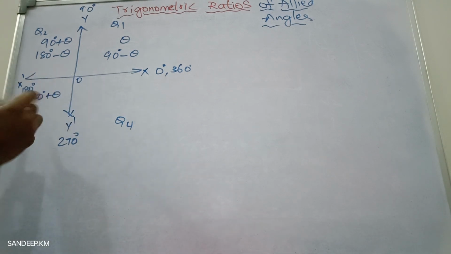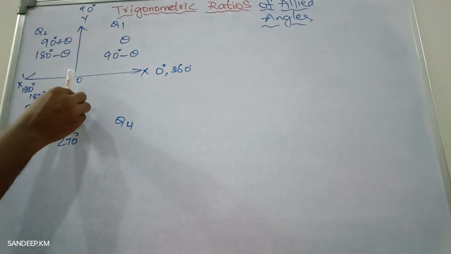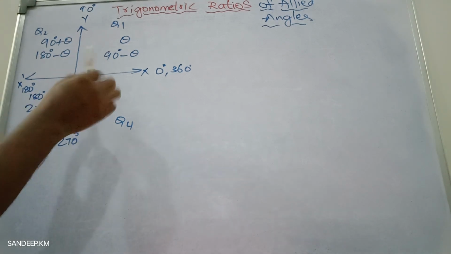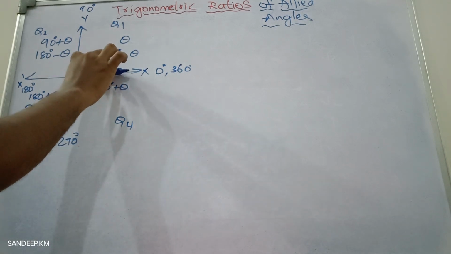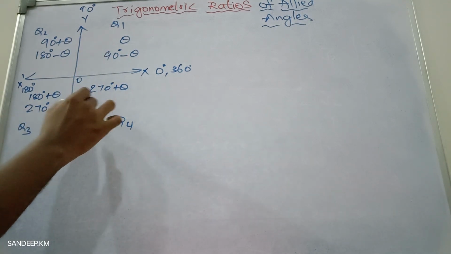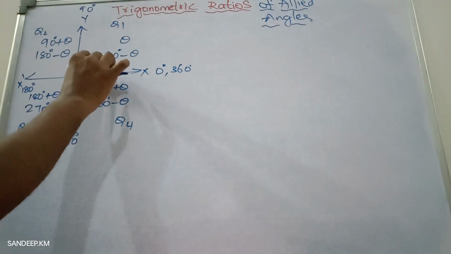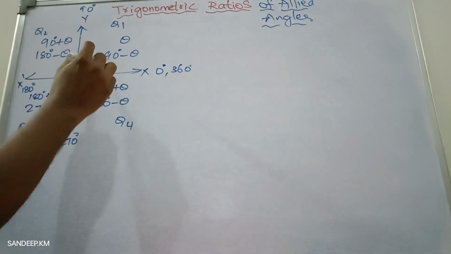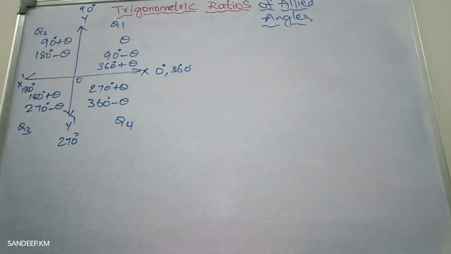If I come back, it is 270 degrees minus theta. Next, from 270 degrees if I go forward, 270 degrees plus theta, and from 360 degrees if I come back, 360 degrees minus theta. So 270 plus theta and 360 minus theta are the angles in the fourth quadrant. Next, again from 360 degrees if I go forward, it is 360 plus theta, and we can continue like this.